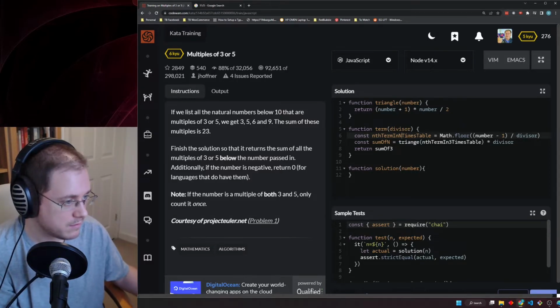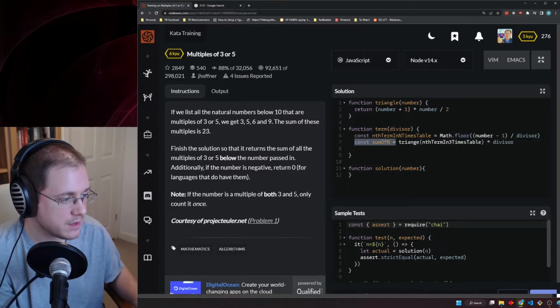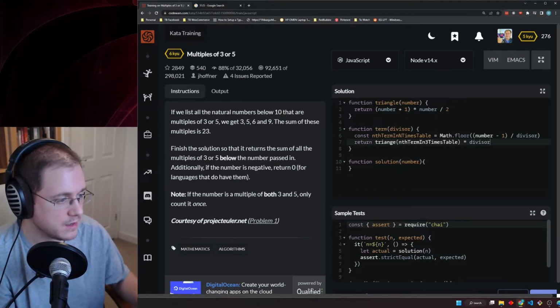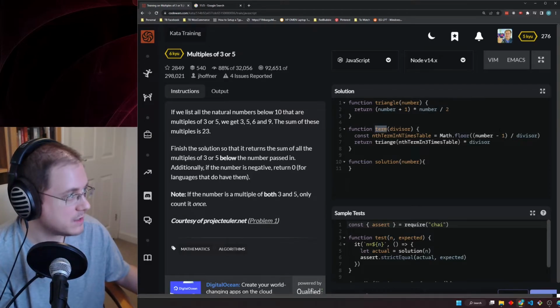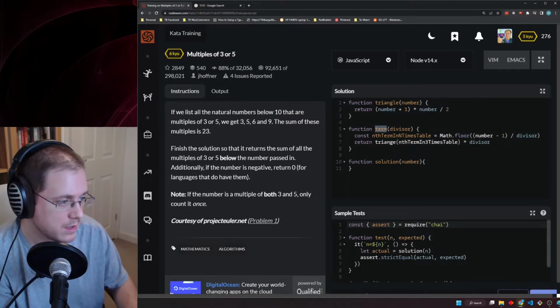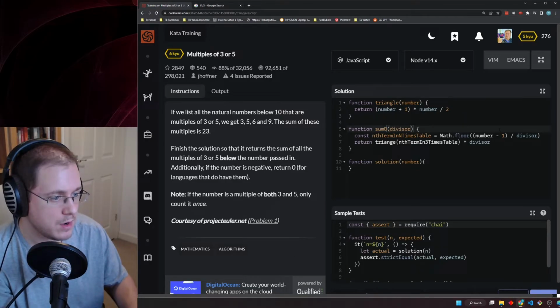Nth term in, using n twice, but you get it. And we'll return sum of n. In fact, we don't need that variable, so let's just return that. And let's give that a better name. Well, it's sum of multiples.